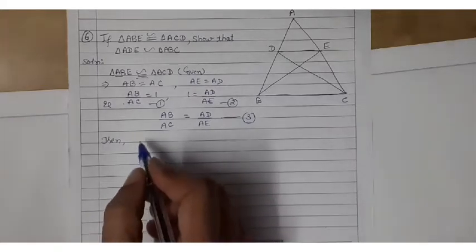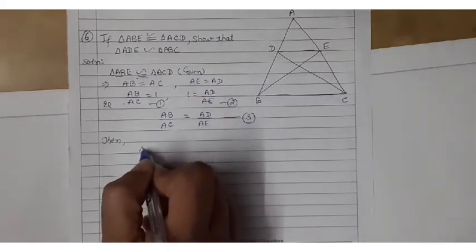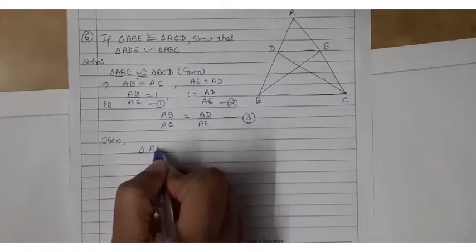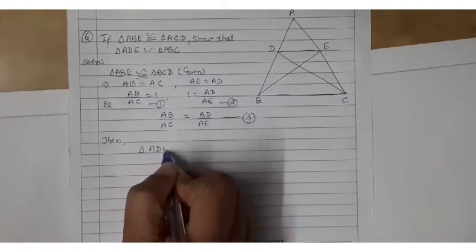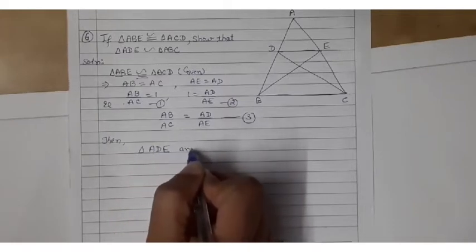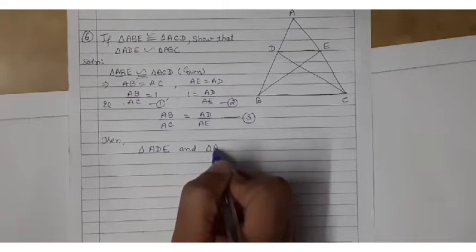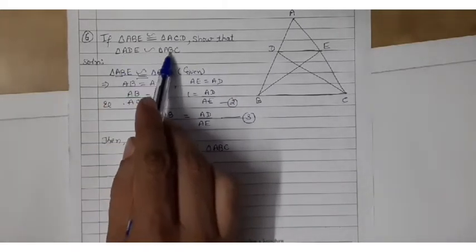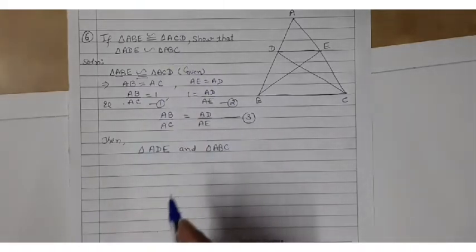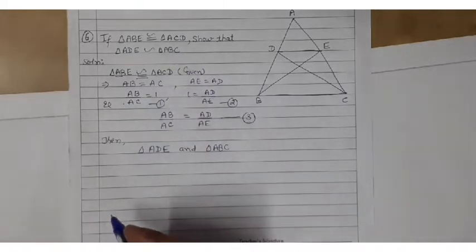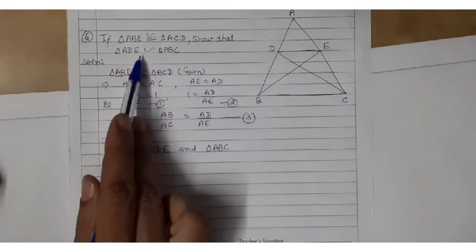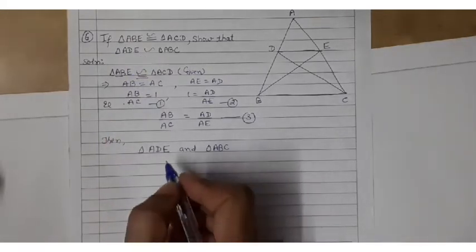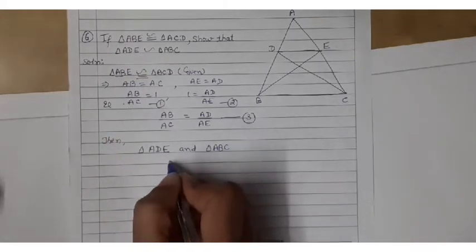Then you have to take two triangles. Which two triangles? Triangle ADE and triangle ABC. And what we have to show? We have to show both are similar here. Okay, by third equation what we can write?